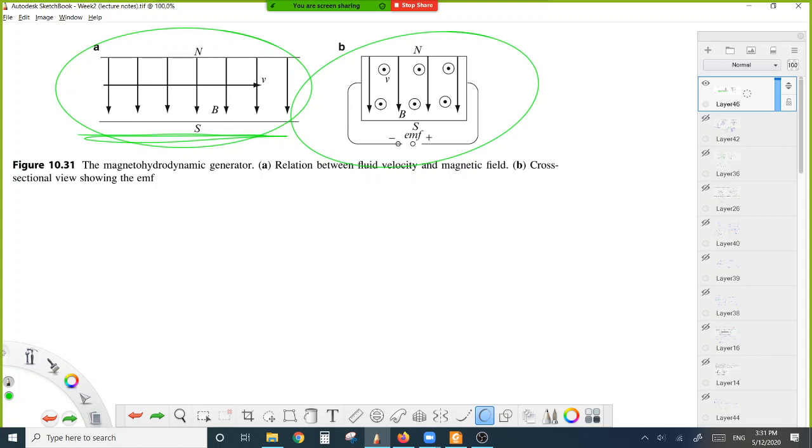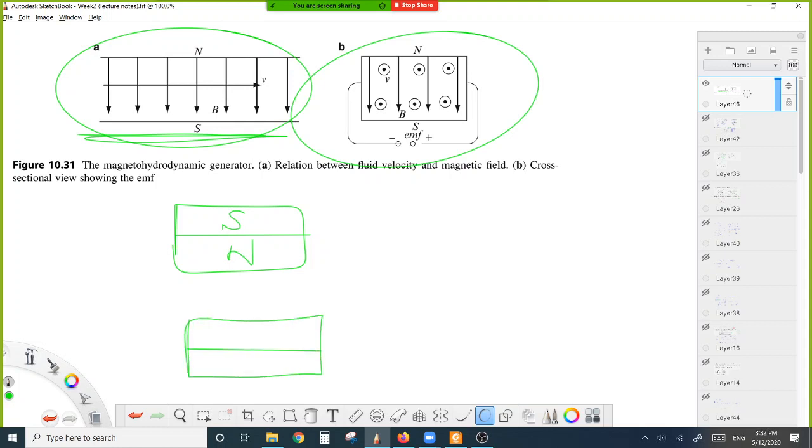We put one magnet with north and south, and another magnet vice versa, south and north, and magnetic field lines go like this.